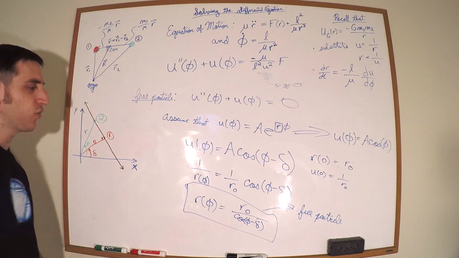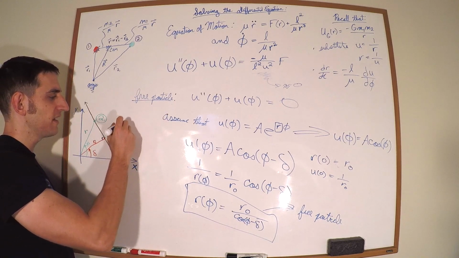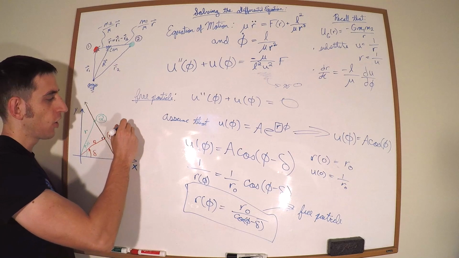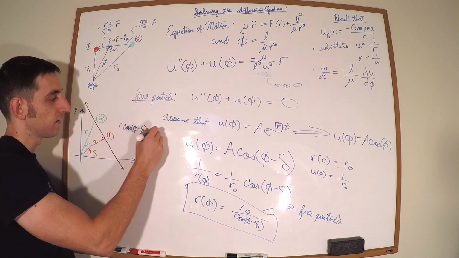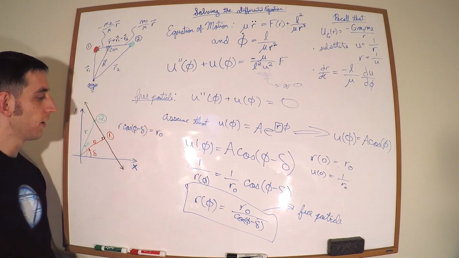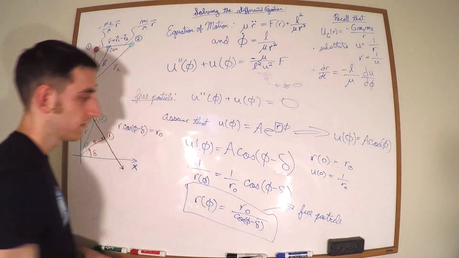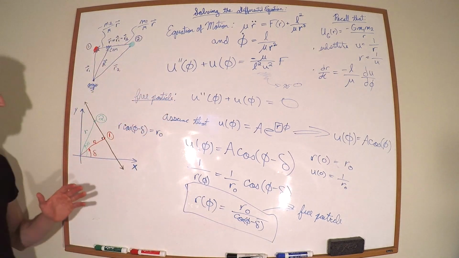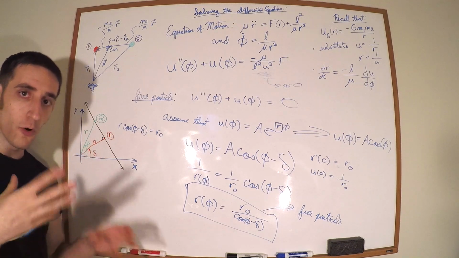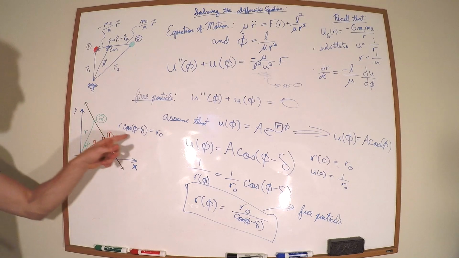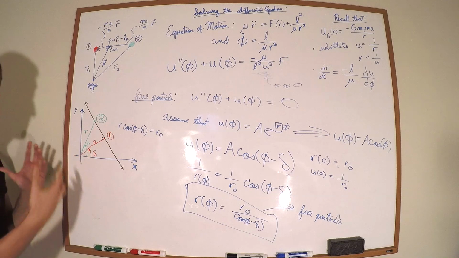Well, let's rearrange this equation a bit and see what we can figure out. So we see from this that R cosine phi minus delta equals R naught. So that means that if we had a straight line connecting these points, as we expect, then the angle between these two lines is phi minus delta.